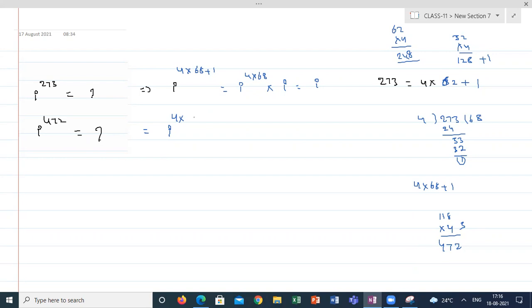It's not 1 then. What is the answer? Sorry guys, it's 1. i^0, i^4, i square into i square, that is plus 1. Correct.